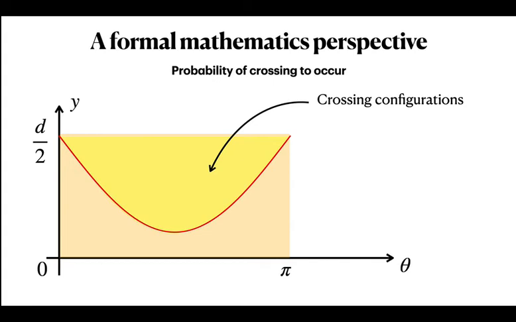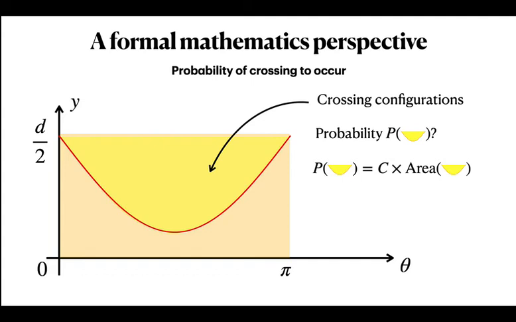In practice, because I want to know the probability for a crossing to occur, I need to know the probability P of this area in yellow, so the probability for a needle configuration to belong to that yellow area. Remember what we said earlier: the probability for this is going to be a constant times the area of that yellow domain.